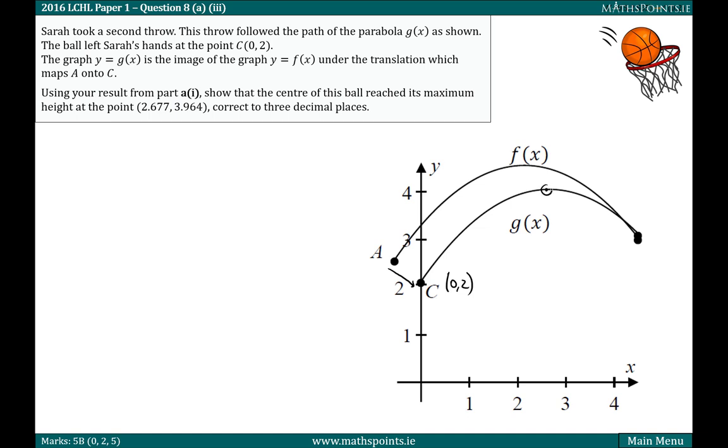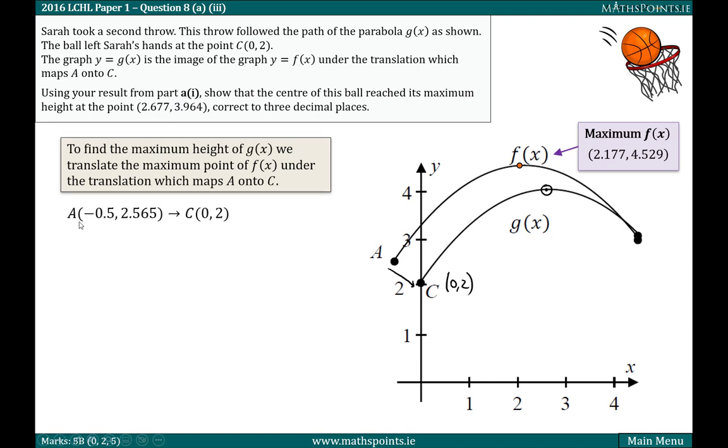What was the highest point that she got with the g of x? We know that the highest point she got with the f of x was, let's write it down here, (2.177, 4.529). The g of x function is a translation of the f of x function under the image A to C. So let's see, how did A move to C? And then let's move the maximum of f of x the same distance and direction, and that will give us the maximum of g of x.